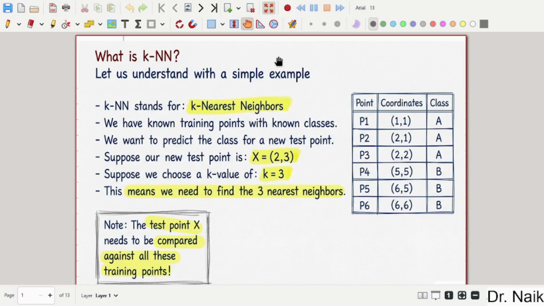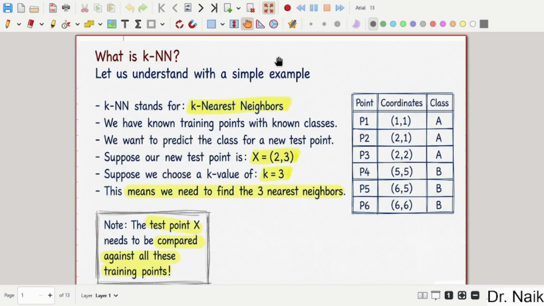KNN gives us a very simple idea. Look at the nearby points and see which class is more common among them. In other words, the points that are close to each other are assumed to have similar characteristics.